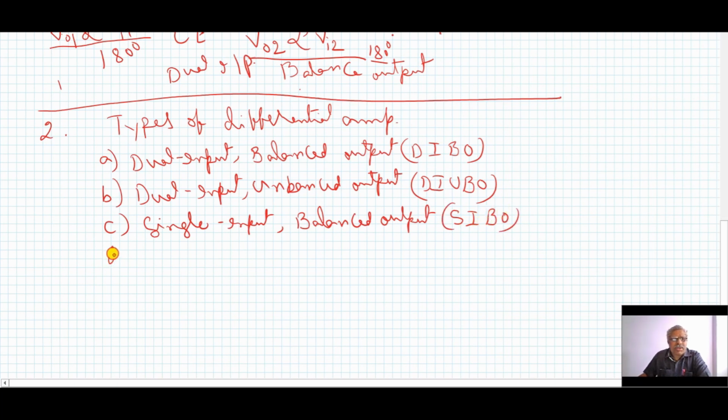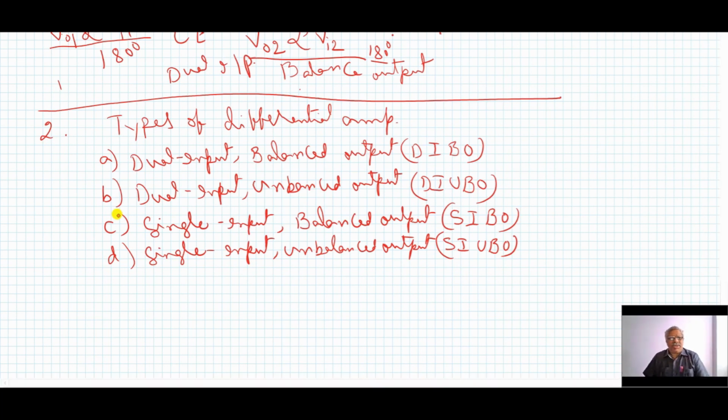And the last type is single input unbalanced output, SIUBO. These are the four types of differential amplifiers generally we use in practical applications.